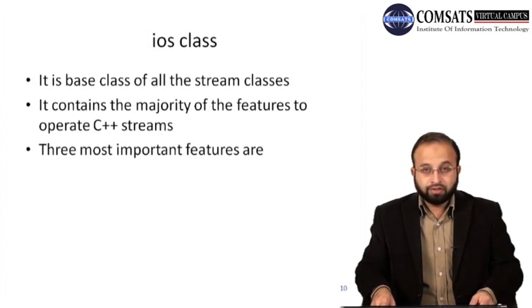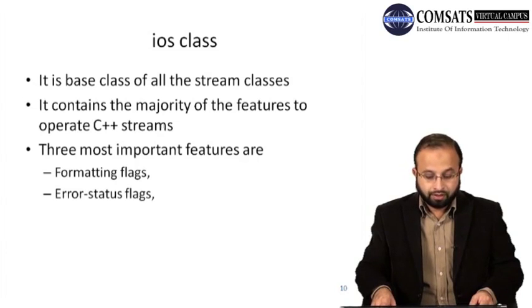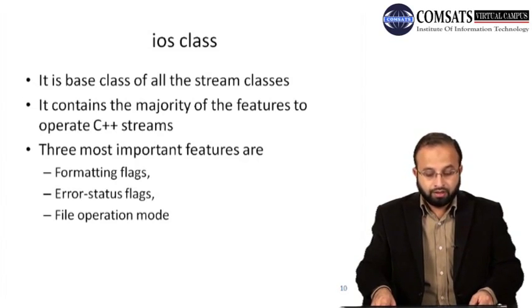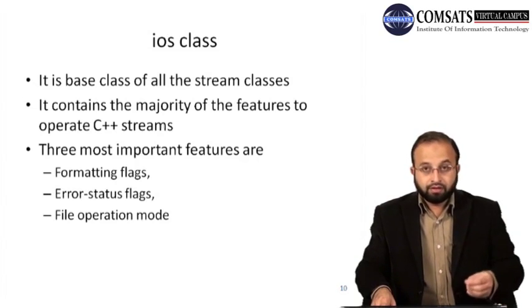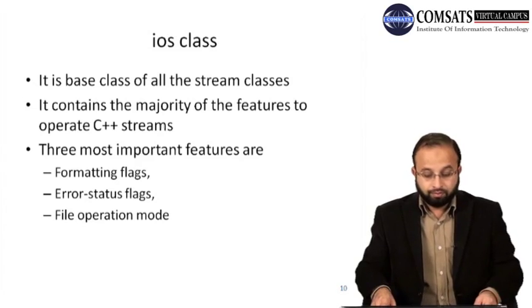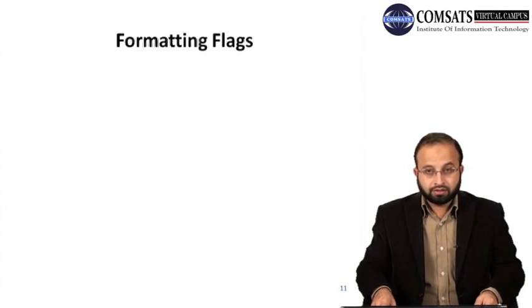So the three most important features of the ios class are formatting flags, error status flags, and file operation modes. So let's go through these three important features one by one. Formatting flags. It is a set of flags in the ios class.